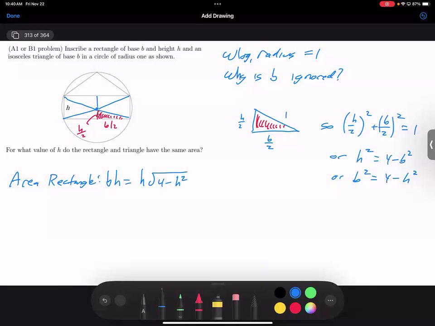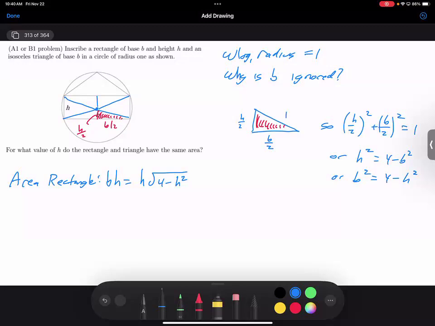I'm not going to do anything right now, but rather than setting the areas equal to each other, what might you set equal? When you see the square root, instead of looking at the area, what might you look at? So is this for comparing the area of the rectangle to the area of the triangle?